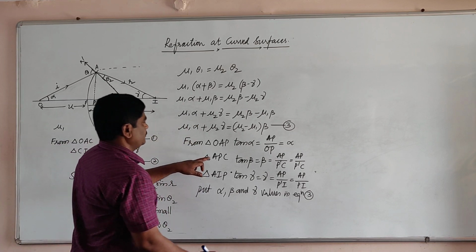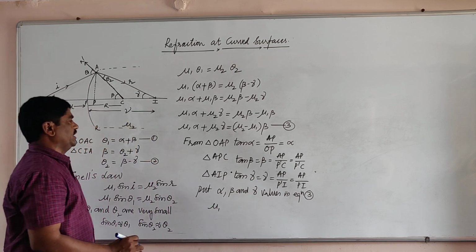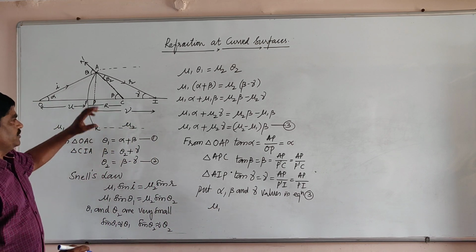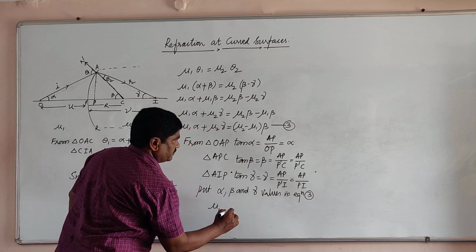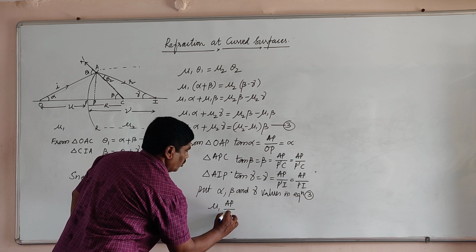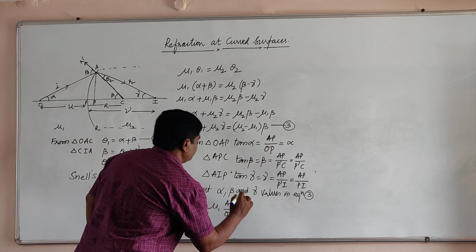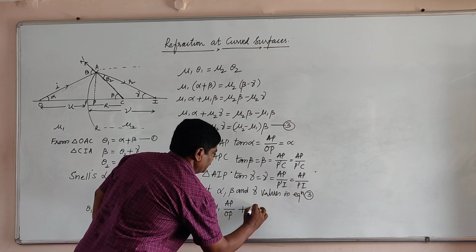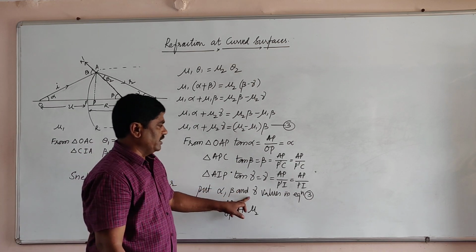Then what happens? Mu1, the refractive index of the medium in which the object is situated, into alpha. Alpha value is AP by OP, plus mu2 into gamma value.